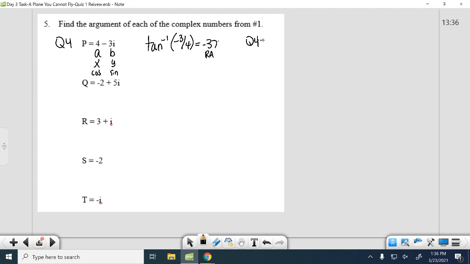So in quadrant 4, I need to take 360 minus the reference angle in order to determine theta. So 360 minus 37 gives us about 323 degrees. Whoopsies. 323 degrees. That is our theta for our first example.